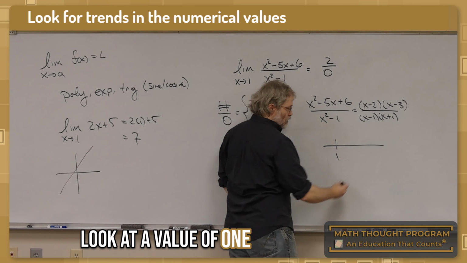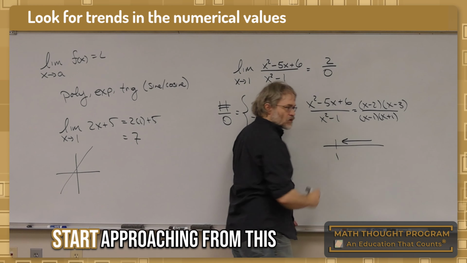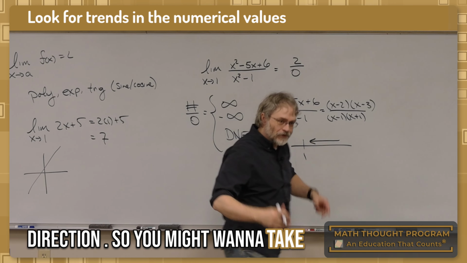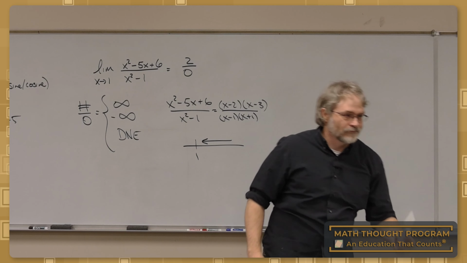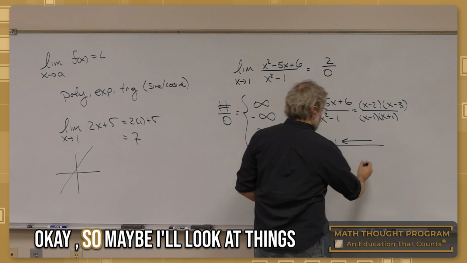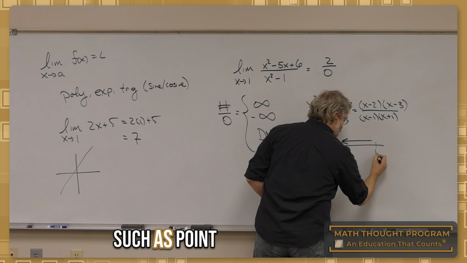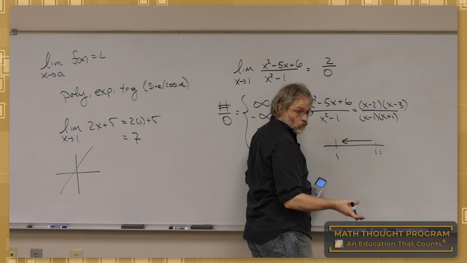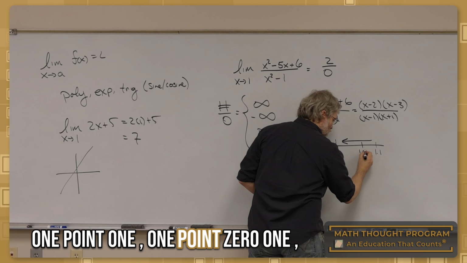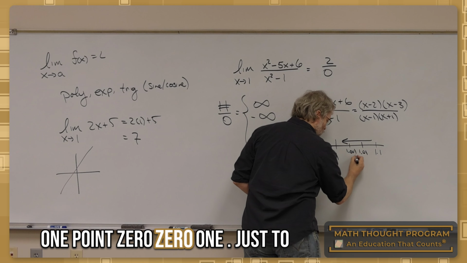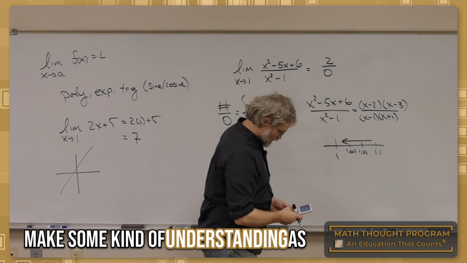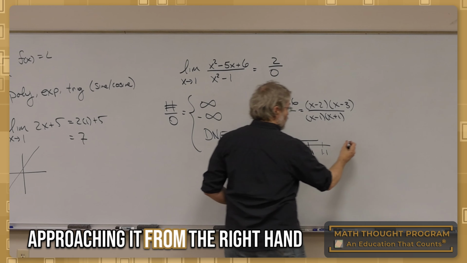Look at a value of 1. Start approaching from this direction. You might want to take your calculator out. Maybe I'll look at things such as 1.1, 1.01, 1.001, just to understand what's happening as I approach from the right-hand side.